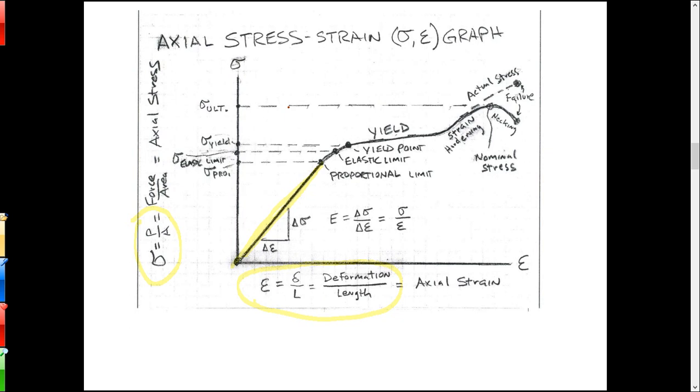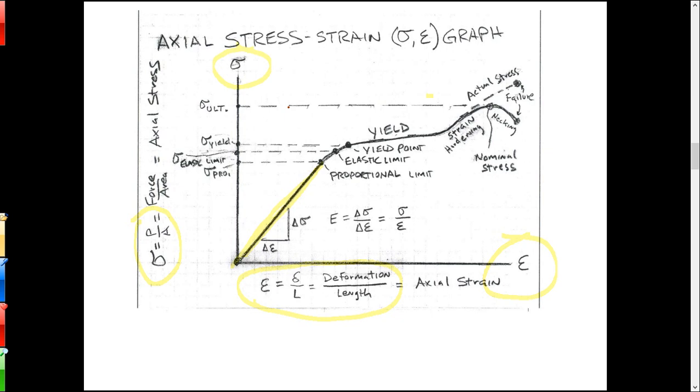The elongation is divided by the original length, and how hard you're pulling is divided by the original cross-sectional area. So we get strain for the x-axis, stress for the y. Strain is epsilon, the Greek letter epsilon, which became our letter E. And the y-axis is sigma, which became our letter S eventually, I think.